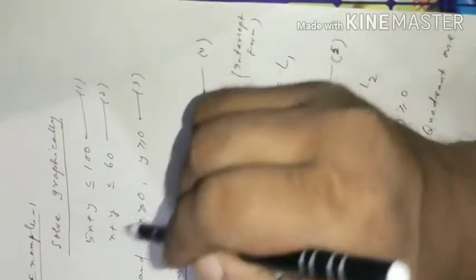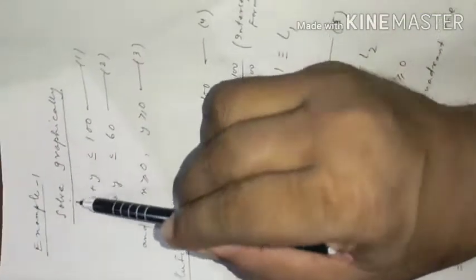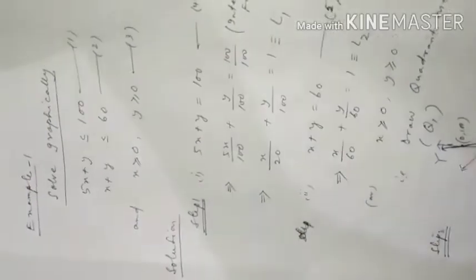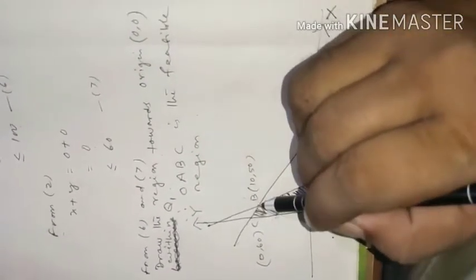This feasible region is called the solutions of those inequalities, including the points O, A, B and C, and including the interior points.